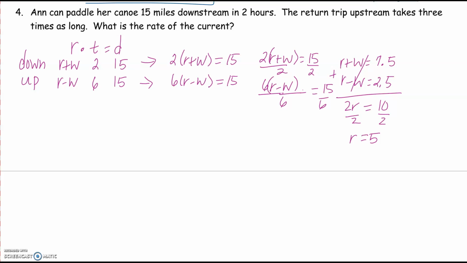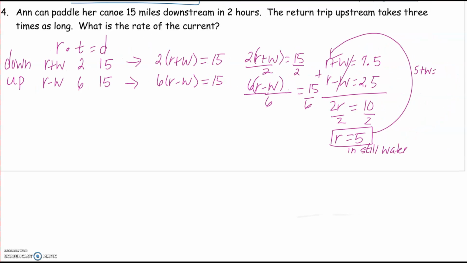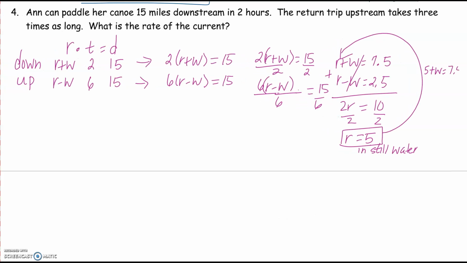And let's see what it's asking us now. What is the rate of the current? Well, that's the rate in still water, not the current. Now we're going to take that and put it in, and we're going to get 5 plus W equals 7.5.